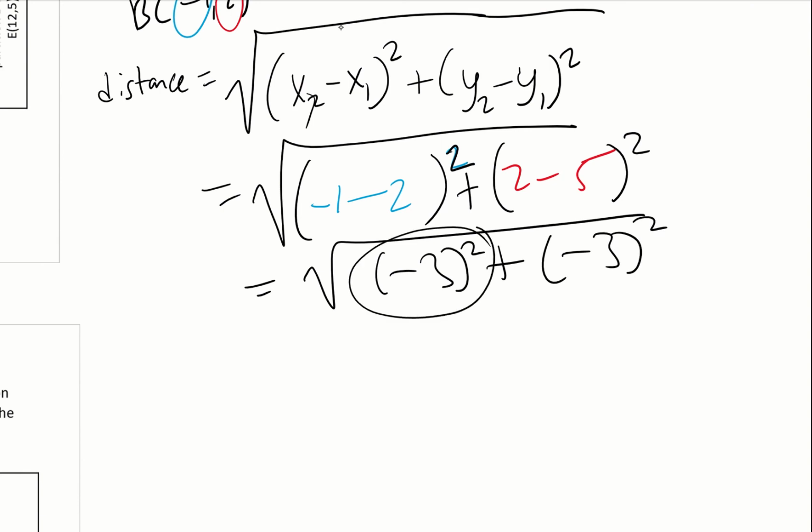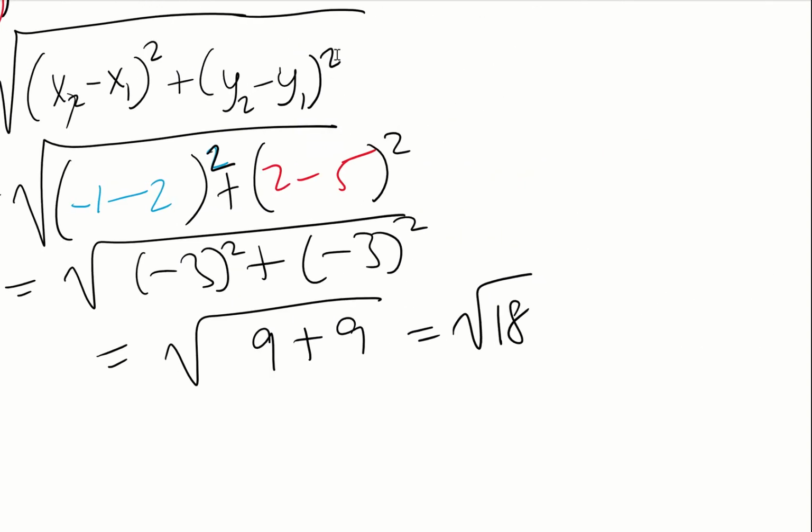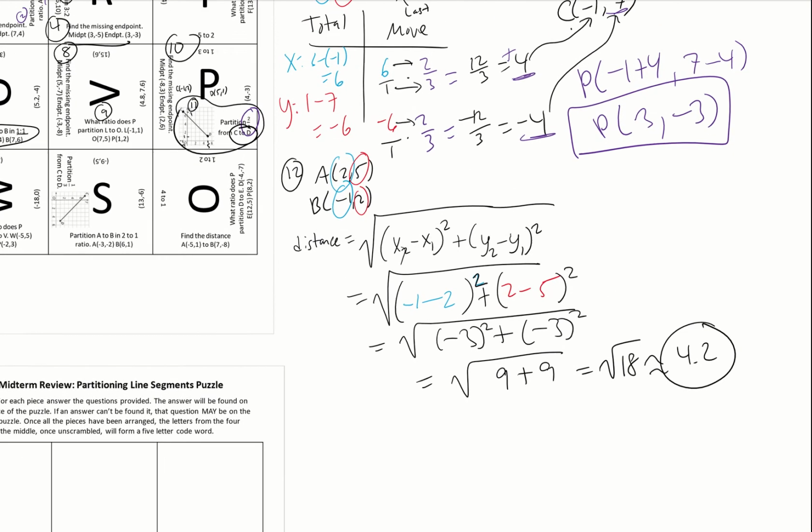Negative 3 times negative 3 is positive 9. So we got 9 plus 9, which is square root of 18. And you can do that on the calculator and get a decimal. We get 4.24, so about 4.2. Okay, so that's your distance for number 12.